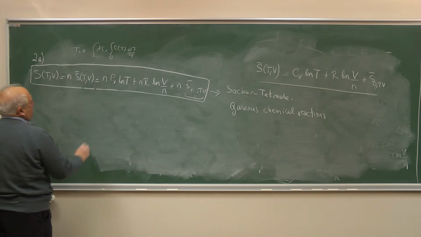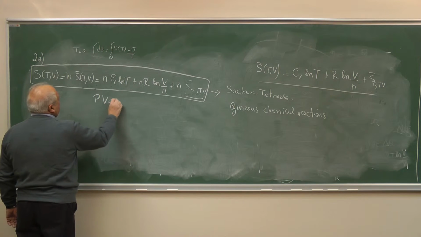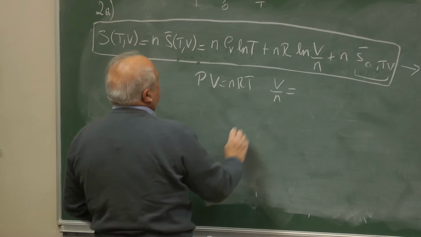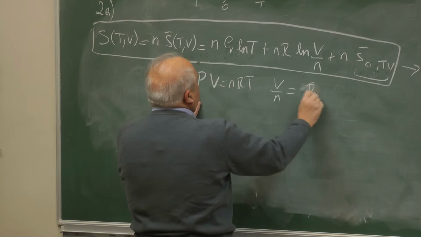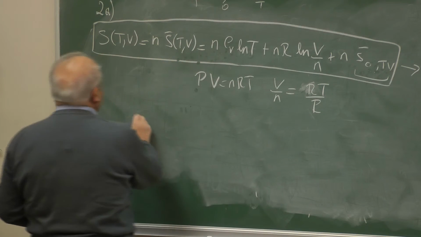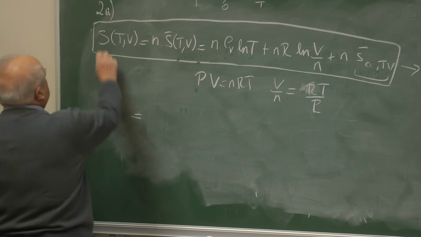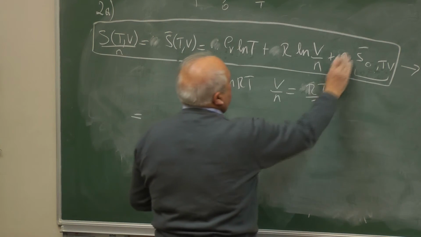Now we use other versions. PV is equal to nRT, or V over N is equal to RT over P. So we just put that in. Let me just write here for the moment to get rid of these.